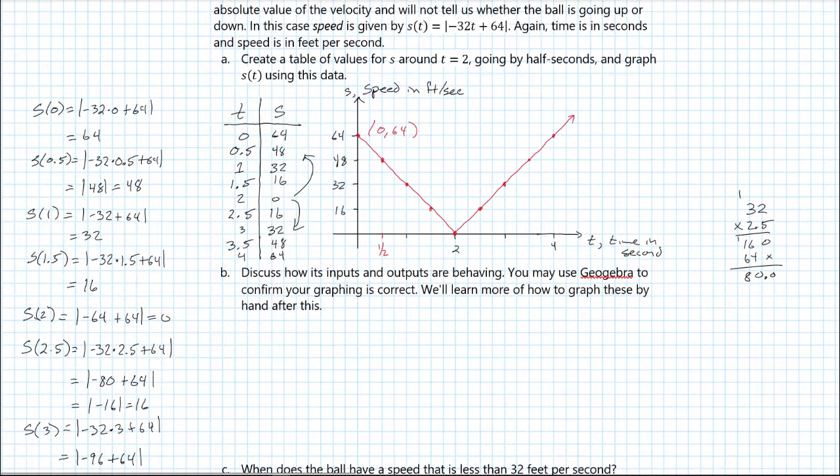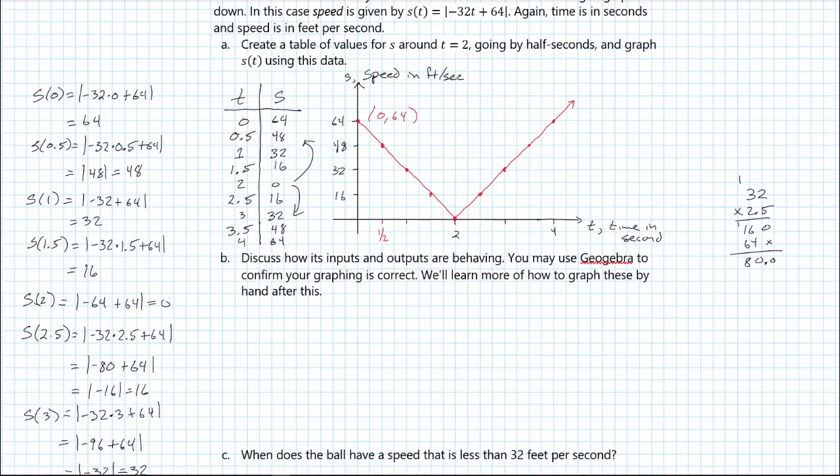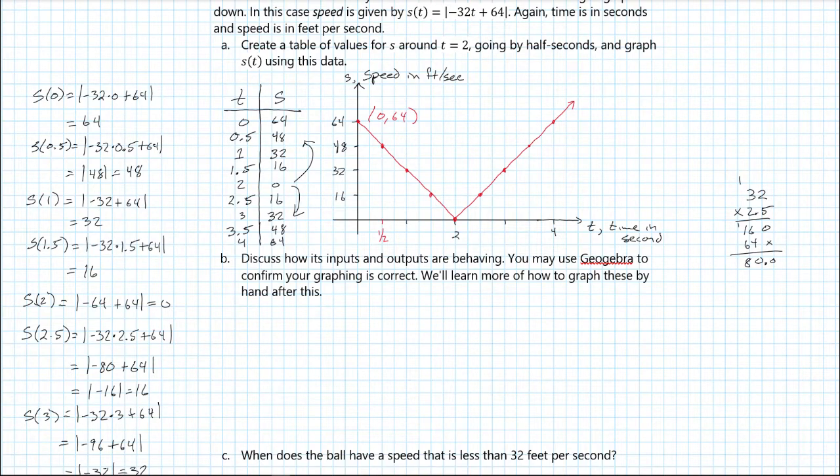So we want to talk about how inputs and outputs are behaving. We can use GeoGebra to confirm our graphing's correct if we need to, but this is the graph we should get. And we're going to do more on graphing these by hand in following videos.